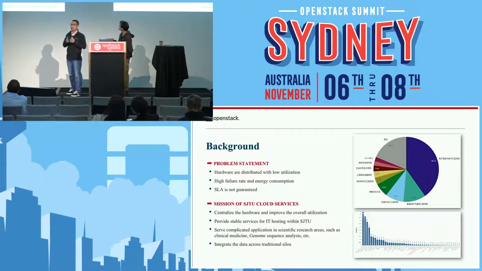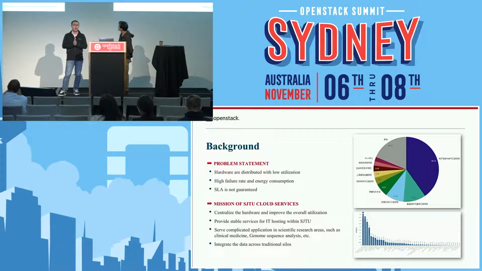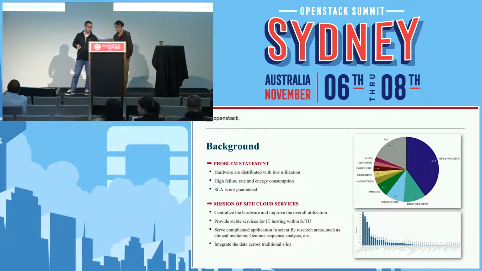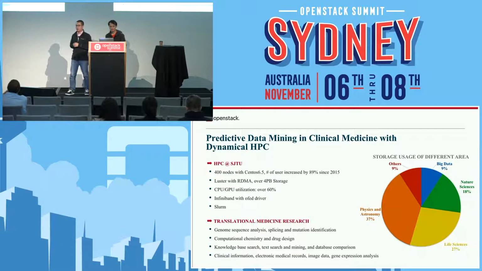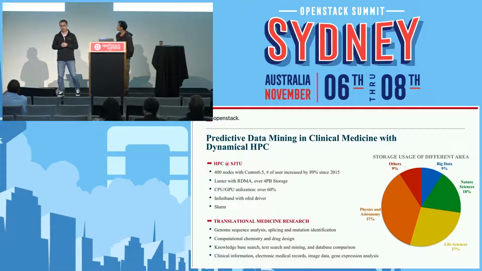Because those professors do not have professional operation experience, so even though they have a very huge requirement for computing resources, they cannot operate a very big cluster to fulfill their HPC requirement. So we are going to establish a cluster for the whole campus.